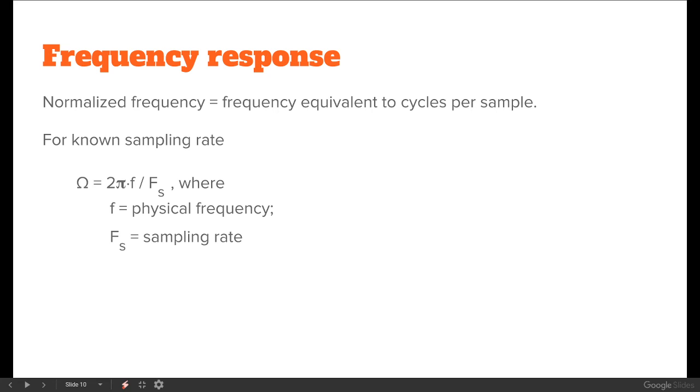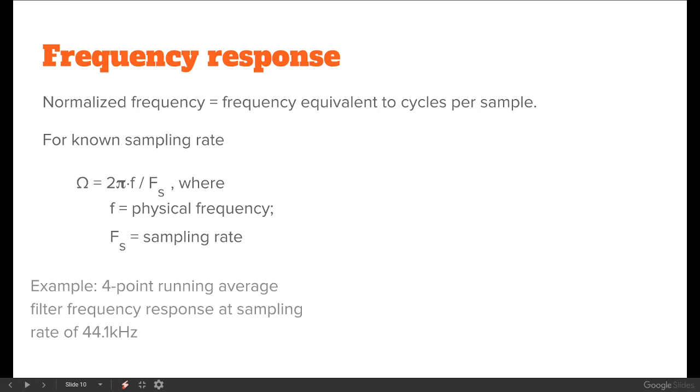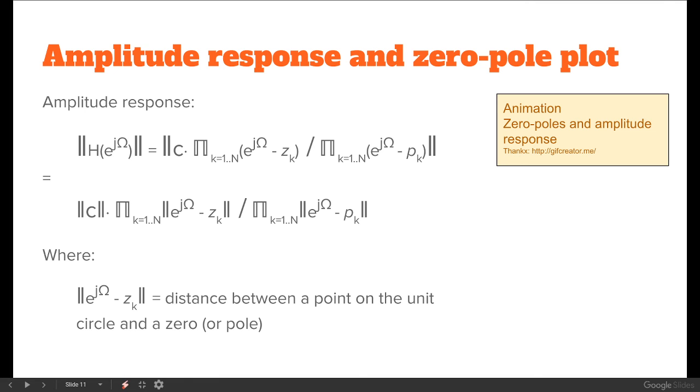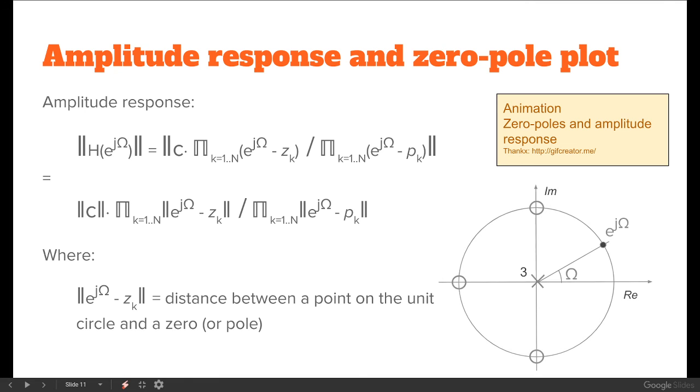The normalized frequency actually is equivalent to 2 pi f divided by sampling rate, which gives you the physical meaning for the frequency axis. Zero pole plot, yeah.